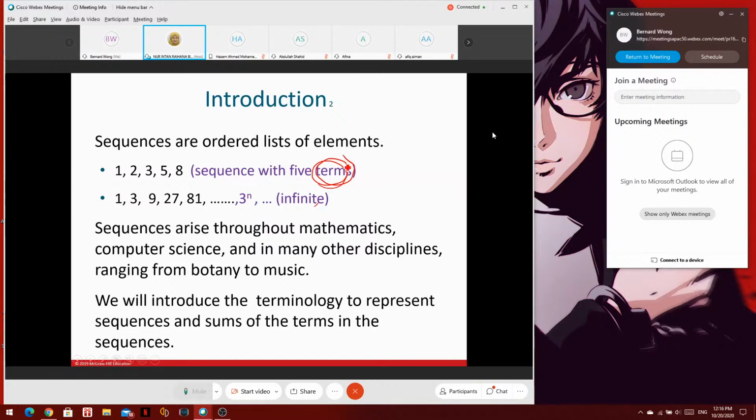It's quite confusing, but when the question comes up in the test or exam, you may differentiate between sequences and sets. The list of values in a set we call elements, and the list of values of sequences we call terms. The second example is infinite because we don't know when to stop.